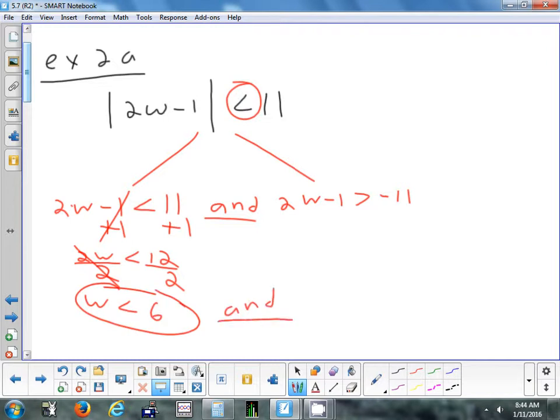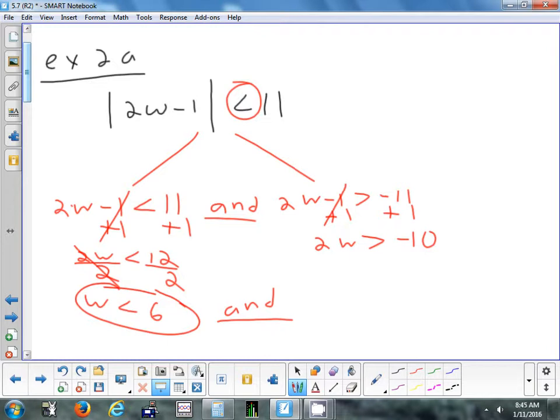Okay, now let's solve this and see what we get. How about Sabrina? First step here? Yep. As I've said before, it's the same steps you just did before. Okay. Plus 1. And Sabrina, what's negative 11 plus 1? Negative 10.